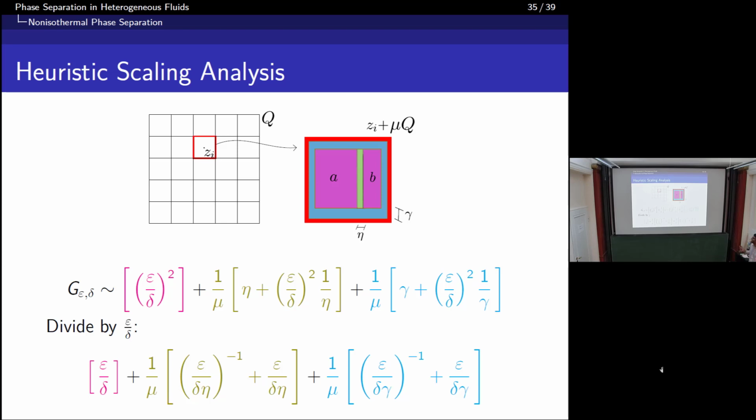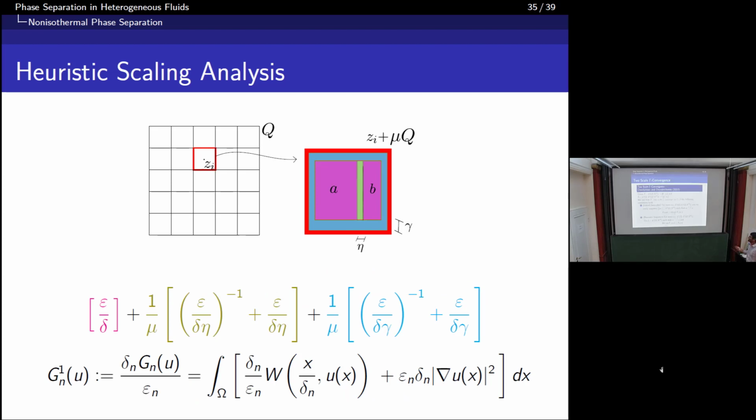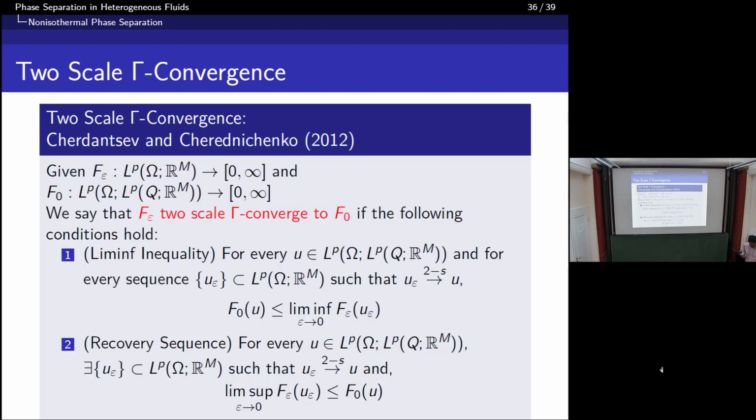Now this is where our analysis diverges from Braides-Zeppieri, in that we use the notion of two-scale gamma convergence, because it seems to be appropriate for this type of problem. So what is two-scale gamma convergence? It's basically just the usual notion of gamma convergence, except now you're doing everything in the two-scale topology.